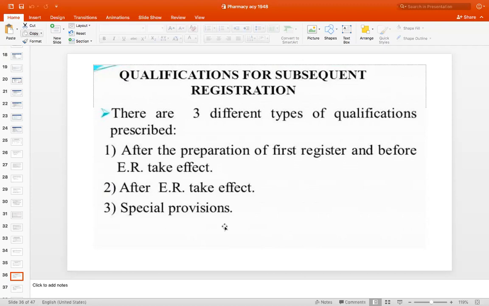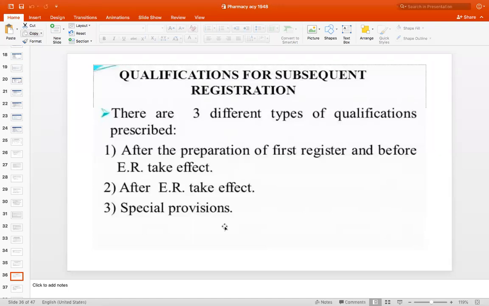Before this ER and after the preparation of the first register, this is one type of qualification. Then after education regulation has taken place, or with special provisions. Please remember, I'll repeat, 3 types of qualification. One, after preparation of the first register and before ER or education regulation takes place.